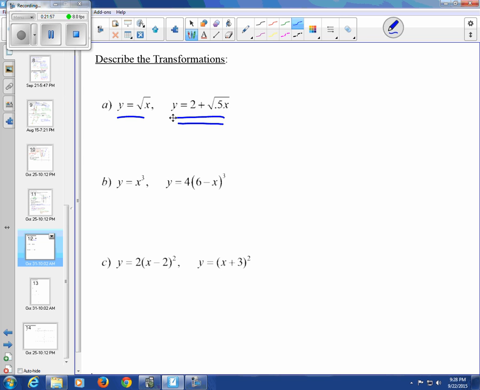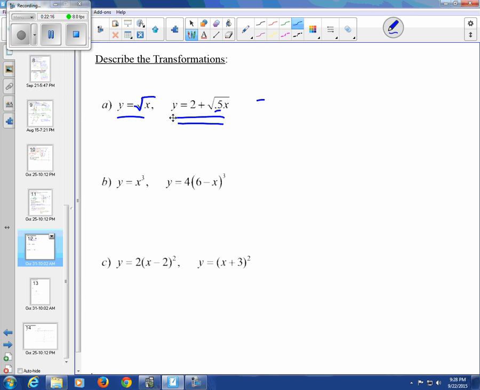Okay, so right here, looking at this first guy, I've got a multiplication of 0.5 inside the function, which is the square root. Now, there's no horizontal shift, so I don't have to worry about factoring anything off of the inside of the function. I can just go straight to evaluating the transformations.